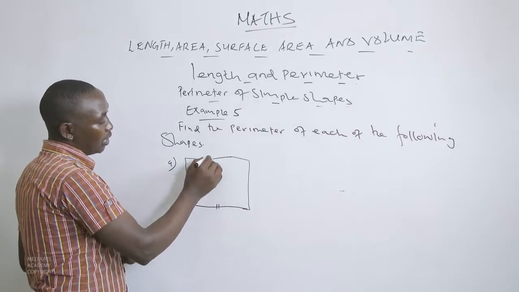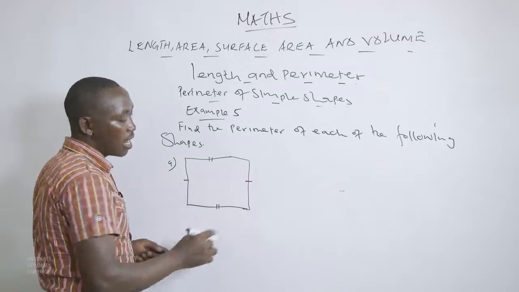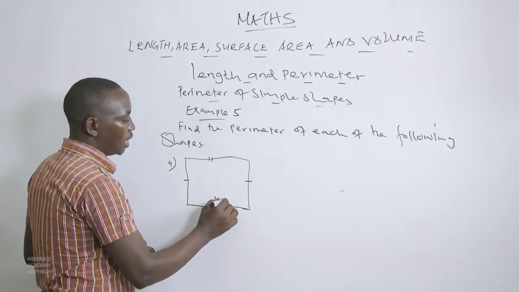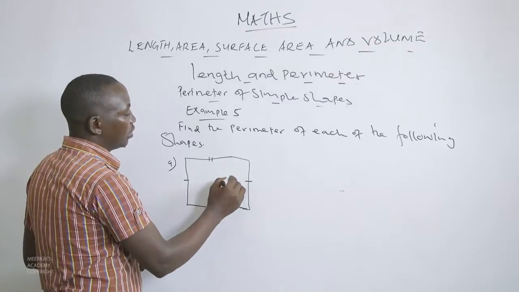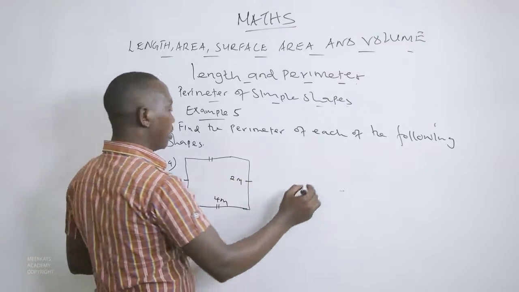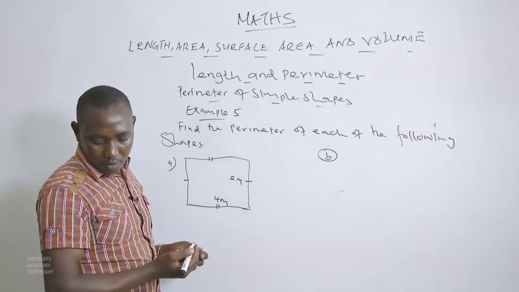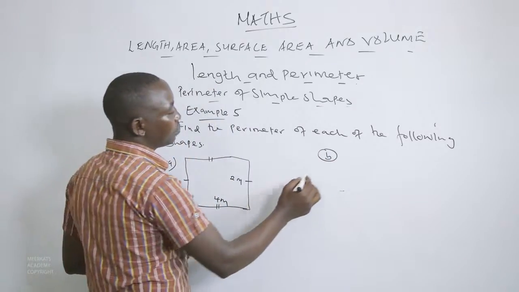We are told that this side is equal to this side, similarly this side and the other side are equal, and that this side is 4 meters, the other side is 2 meters. Part B, we have a kite.